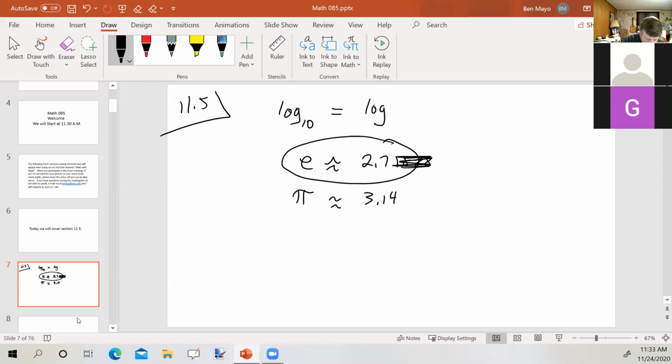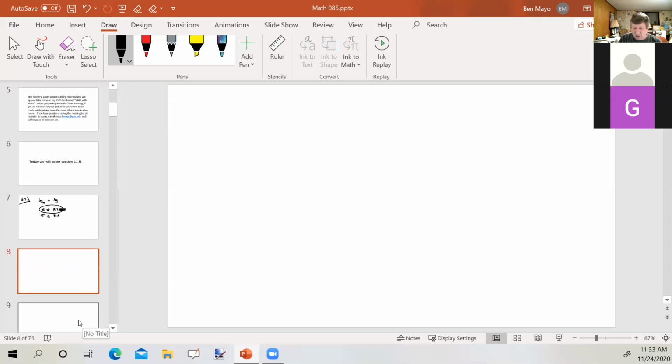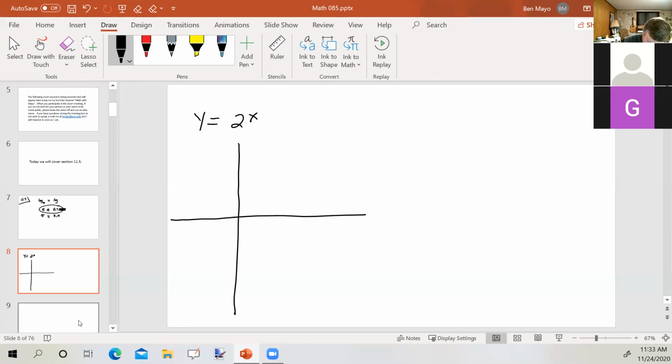Now, we're going to look at some graph situations, and I'm just going to do some rough sketches, and then if you need more information, I will go into that. But let's say we graph y equals 2 to the x. We make a table, produce the graph, and it looks something like that. Then let's say we graph y equals 3 to the x. It tends to look like that.